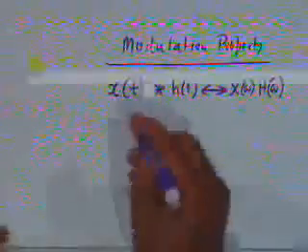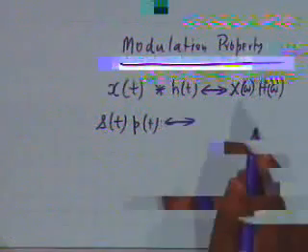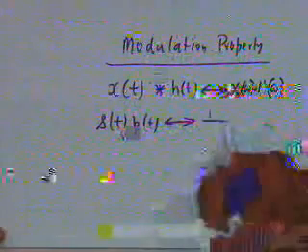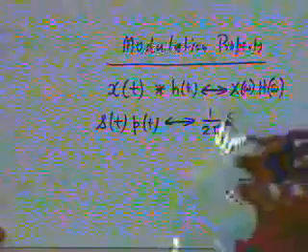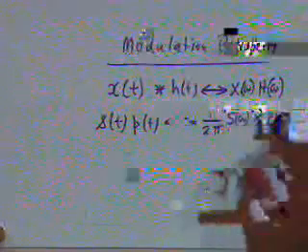That is, if it is a multiplication in the time domain, say s of t p of t, if two time functions multiply, what happens in the frequency domain? Obviously, by duality, it should be the convolution of the two transforms, except for a multiplying constant 1 over 2 pi: capital S of omega convolved with P of omega.